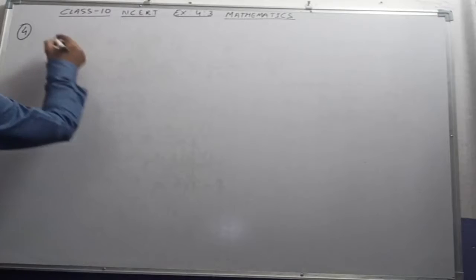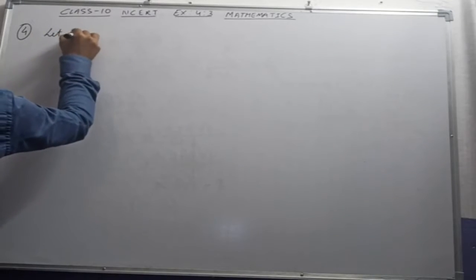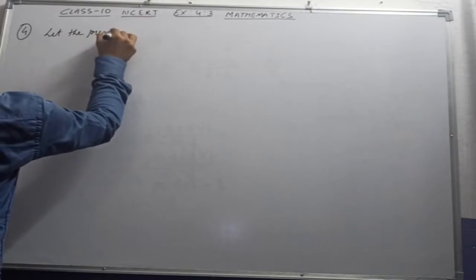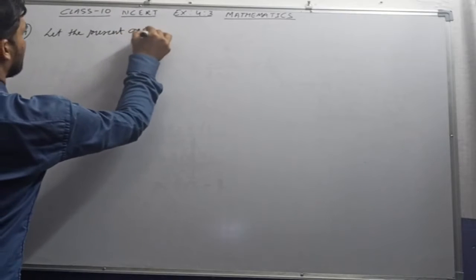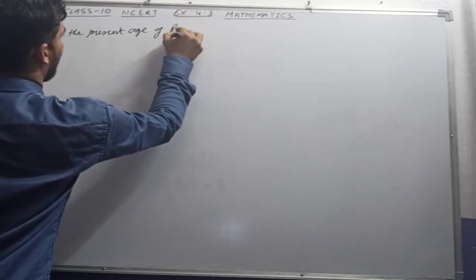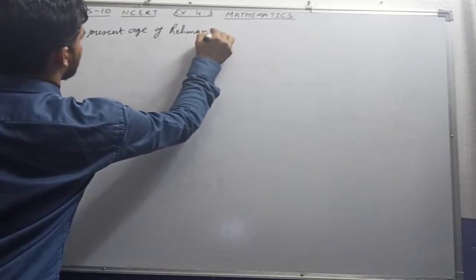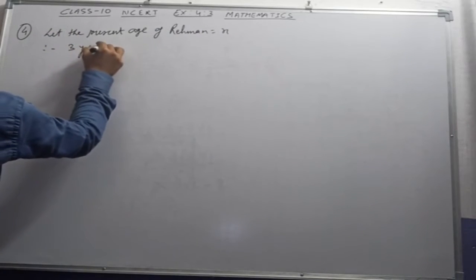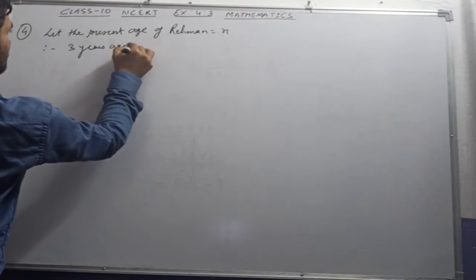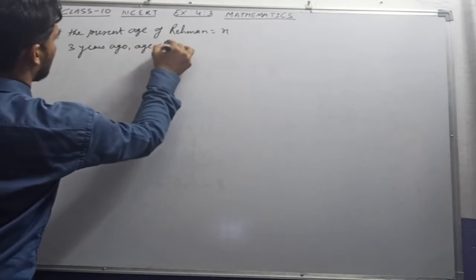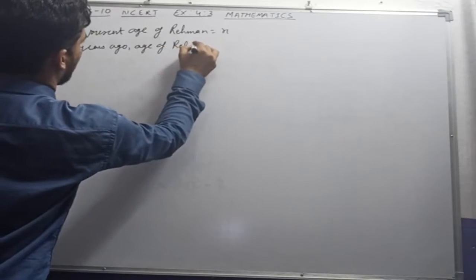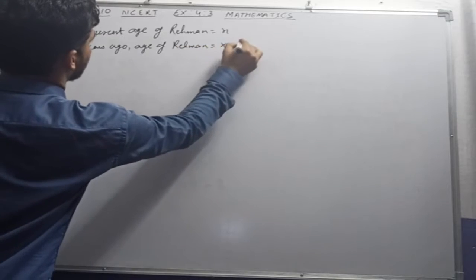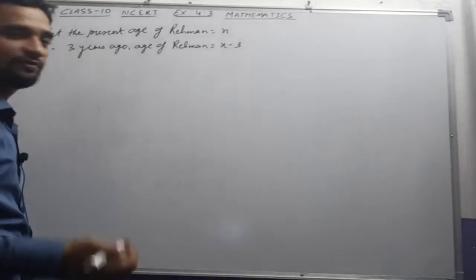So let the present age of Rahman be equal to X. Therefore, 3 years ago, the age of Rahman is equal to X minus 3. Ago means before only.